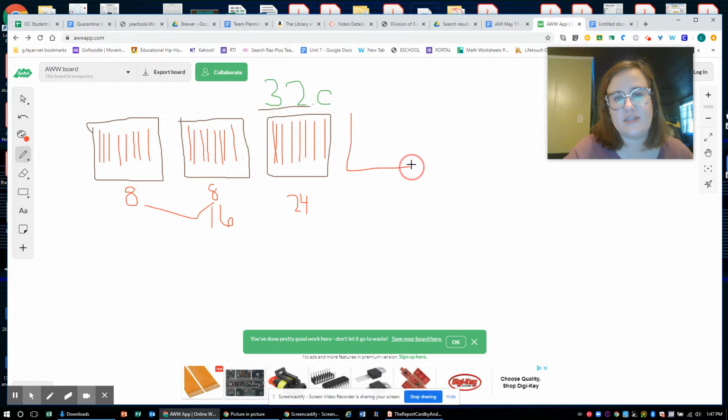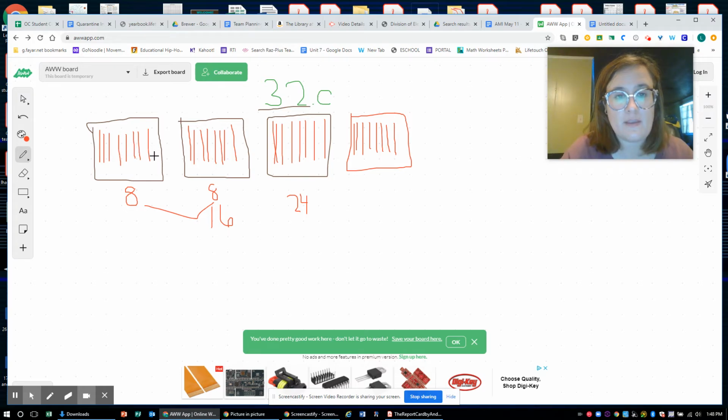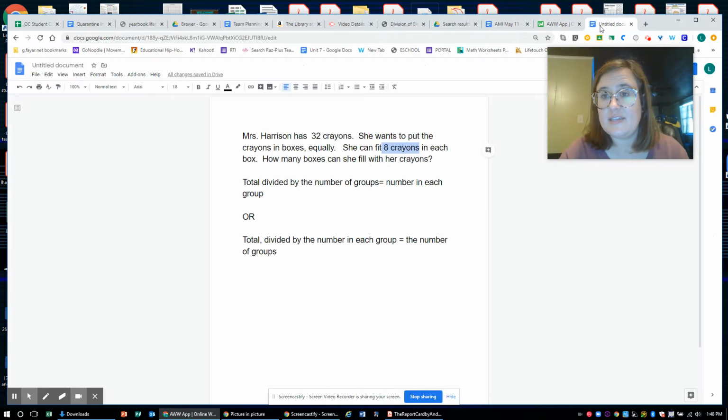Still got crayons to hand out. 25, 26, 27, 28, 29, 30, 31, 32. I might want to go back and check my work. So count with me. Make sure you see 8 in each box. I do, and I filled up. That made 32. I filled up how many boxes? 1, 2, 3, 4. And that's the answer to my question.